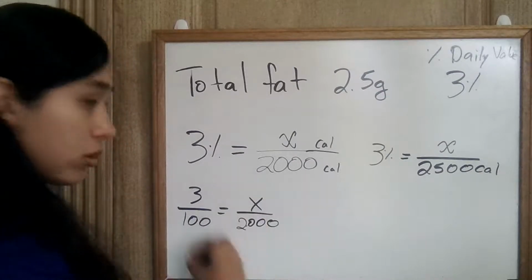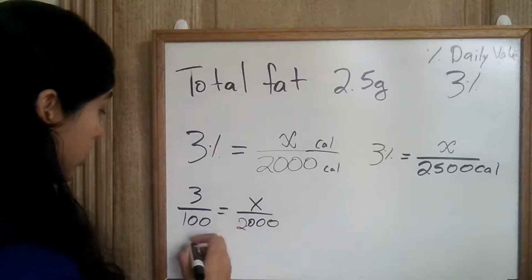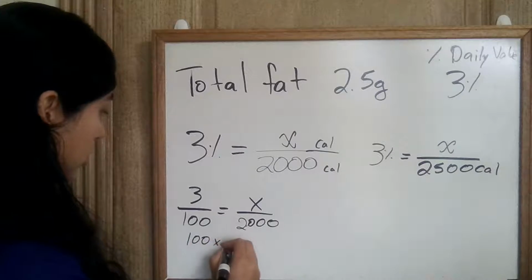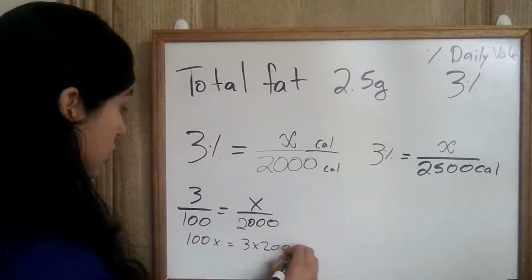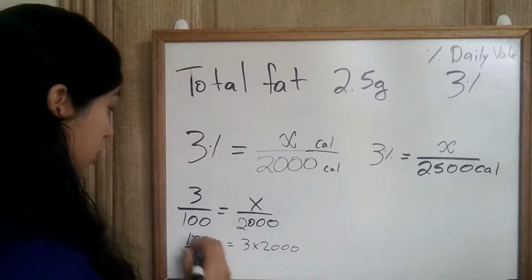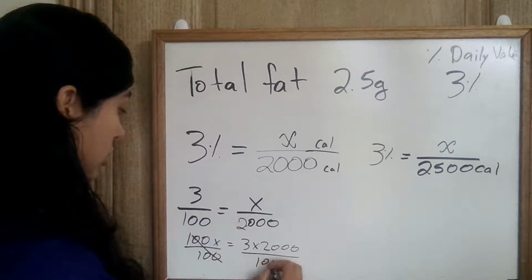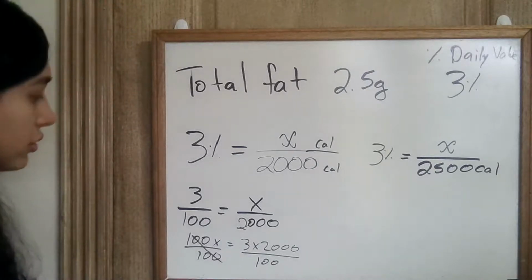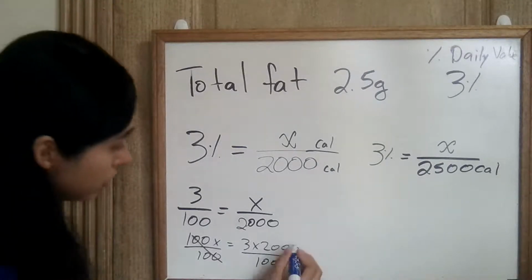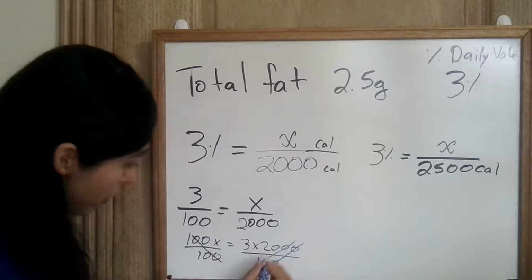Okay. Cross multiply. You get 100x is equal to 3 times 2,000. Divide by 100 on both sides. Knowing our trick where if you have a numerator and a denominator with zeros, just cancel out those zeros.